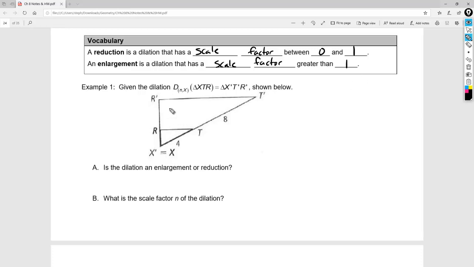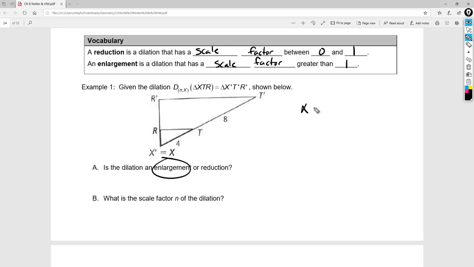Okay, so first example, we have a dilation of our triangle XTR to give us our image, X prime, T prime, R prime. And first, we want to know, is this dilation an enlargement or a reduction? This is definitely an enlargement. Okay, now they want to know what is the scale factor of the dilation. So first, let's write it out.